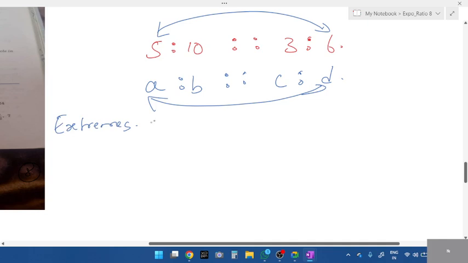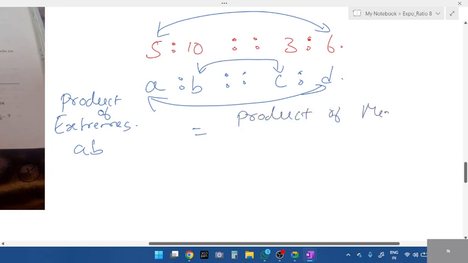Extremes. When you multiply them together, we call it the product. Product of extremes is equal to the middle terms, student. These two terms are known as means. Product of means, so BC. This is the formula. Product of extremes is equal to product of means.